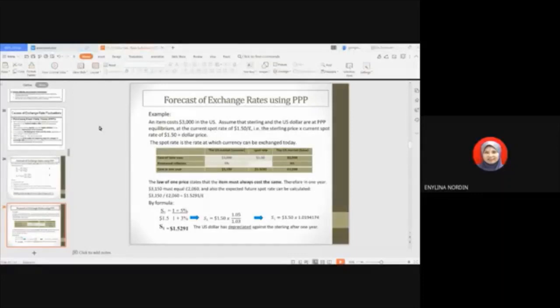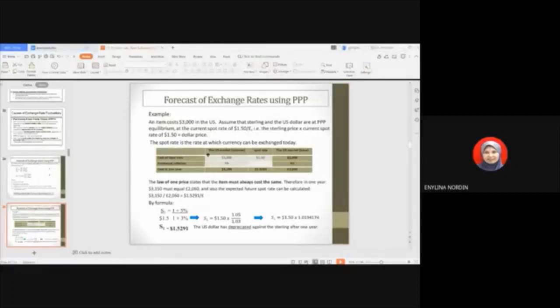Now, applying PPP, the expected exchange rate will be determined using this method.